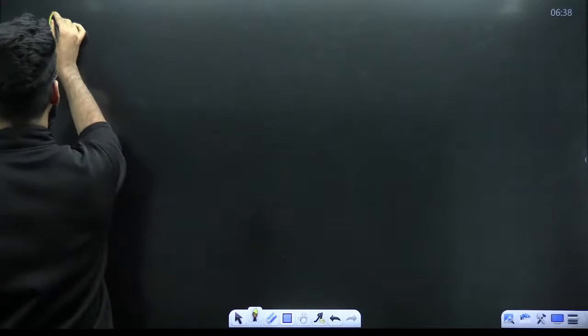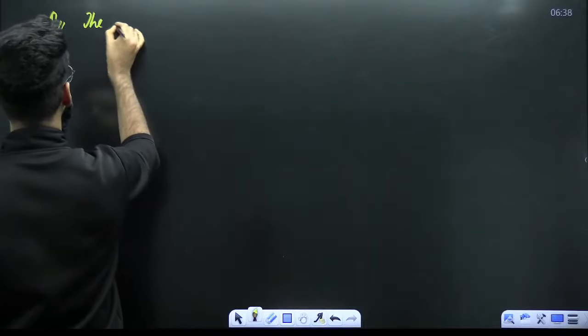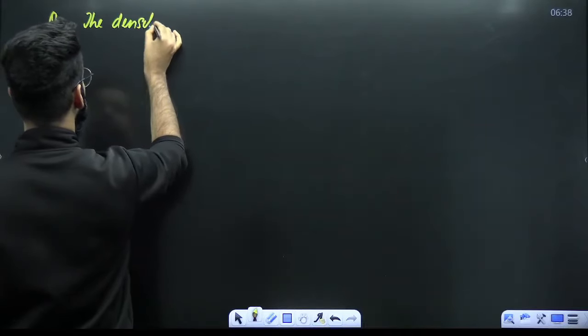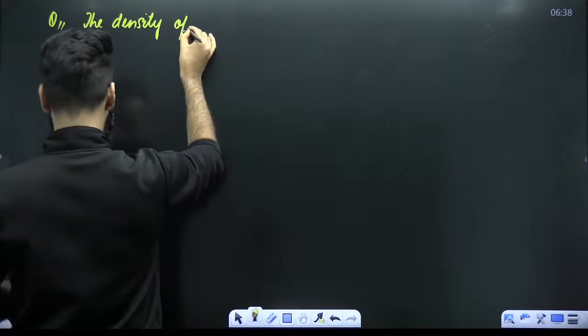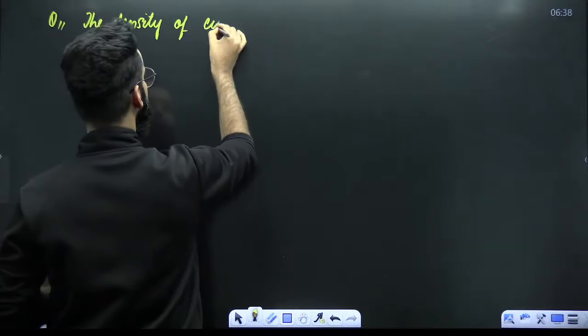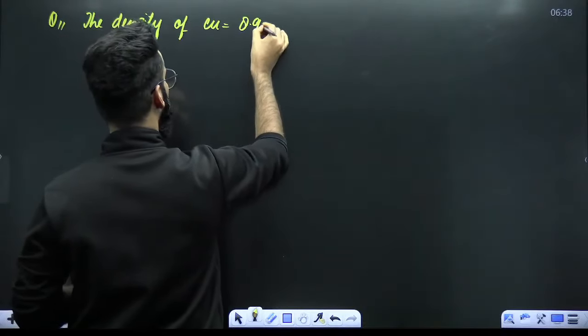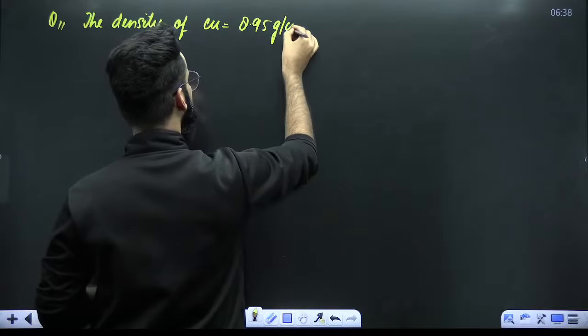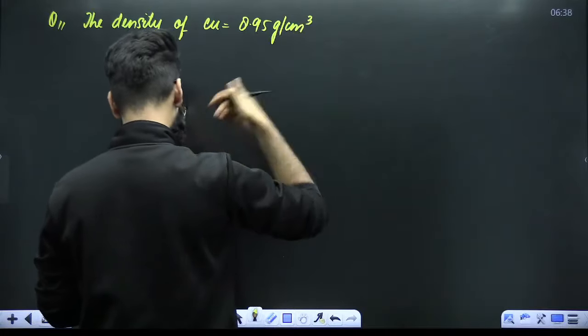The question is like this. For example, the density of copper is equal to 8.95 grams per centimeter cube, or grams per ml.